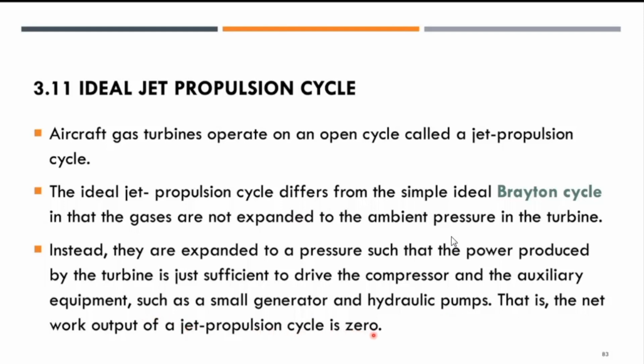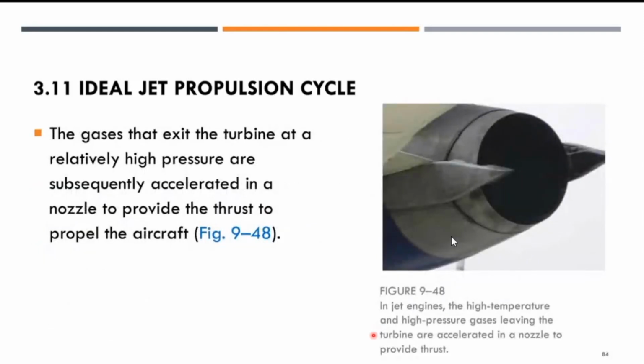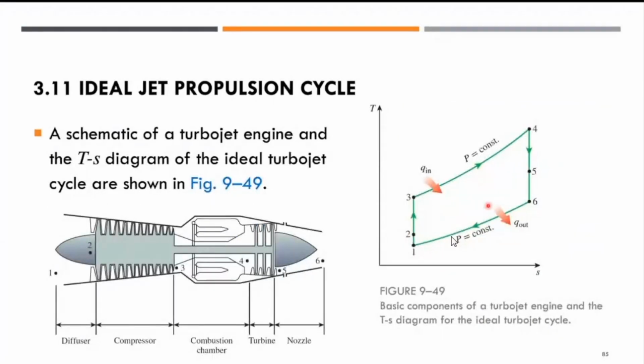Right? So the gases that exit the turbine at relatively high pressure are subsequently accelerated in a nozzle, as shown in this particular figure, figure 9-48. High temperature and high pressure gases leaving the turbine are accelerated in the nozzle to provide thrust. Right? A schematic diagram of a turbojet engine as well as the T-s diagram is shown here.